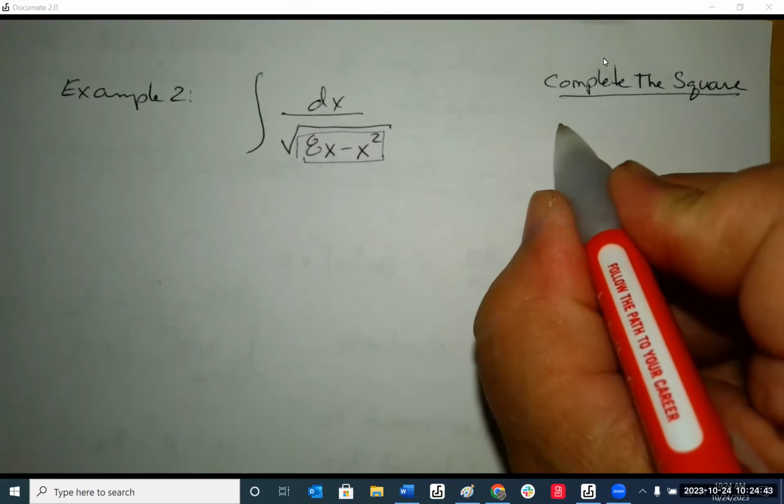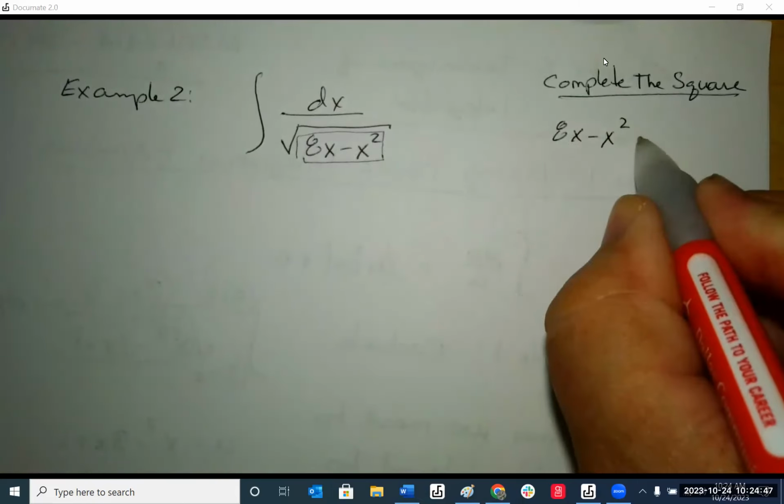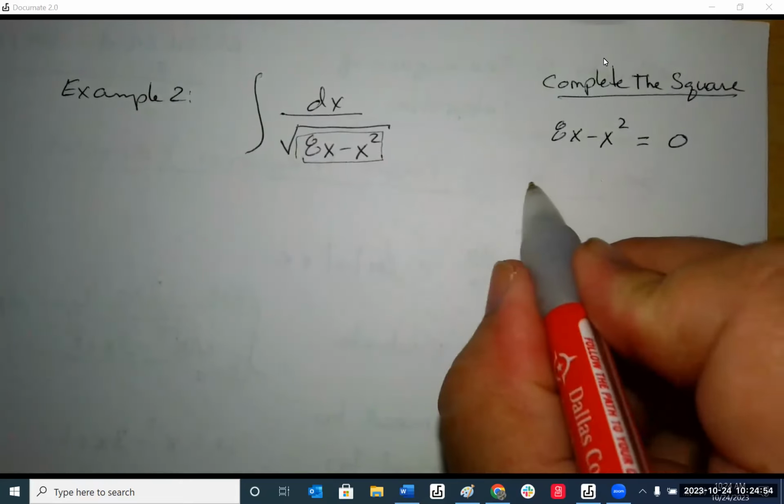So what we have here is 8x minus x squared. Set it equal to 0. Let's rewrite it.